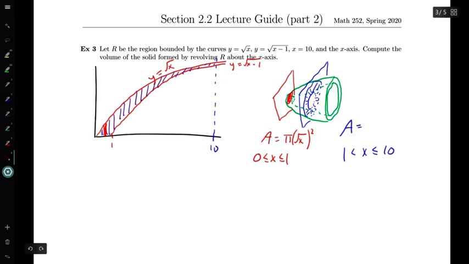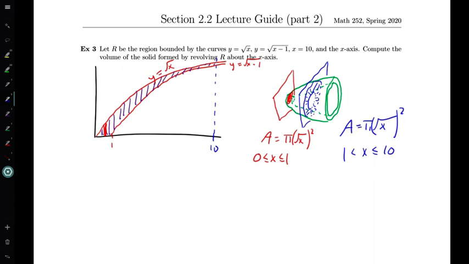So the area of the full circle is pi times the outer radius squared. The outer radius here is given by the function y equals square root of x. So the outer radius is square root of x. So the area of the full circle, without the hole removed, is pi root x squared.